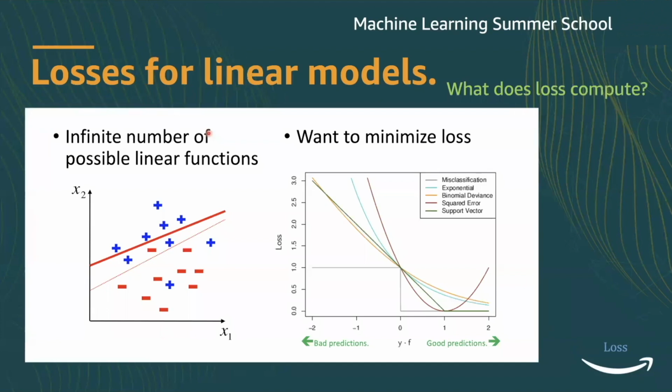So what exactly does the loss compute? Now that we have assumed that it's going to be a linear model, you can look at an illustration of the same example. We have two variables like age and income in the previous slide that we have seen. And it's going to be a two-dimensional space. And let's say you have a classification problem of blue and red points that you want to separate with a decision boundary.